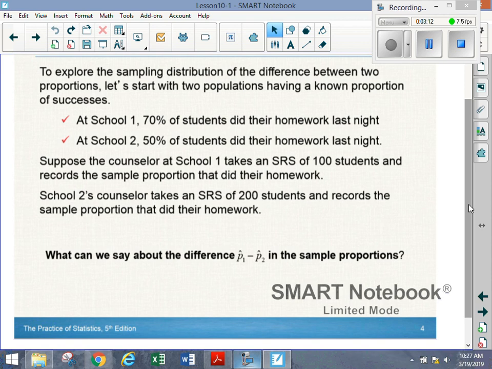If it's true that 70% of the students do their homework at school 1, which is the proportion P hat 1, and it's true that at school 2, 50% of the students do their homework, which is where they got the proportion P hat 2, then it should be the case that P hat 1 minus P hat 2 should be greater than 0.